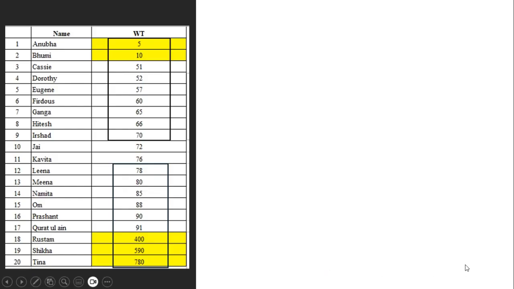The first step towards the IQR calculation is to find the median. In order to calculate the median, the first process is to sort the data into either ascending or descending order and find the middle value. Out of my total observations, which are 20 in number, I have segregated 9 in each cluster, which leaves the 10th and 11th observations, for which I am going to calculate the median.